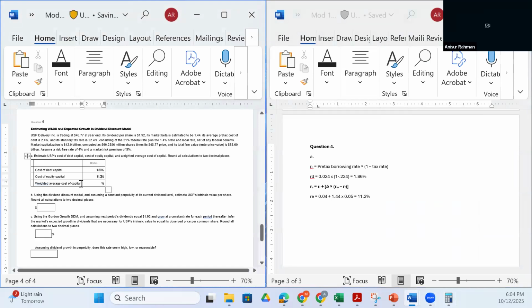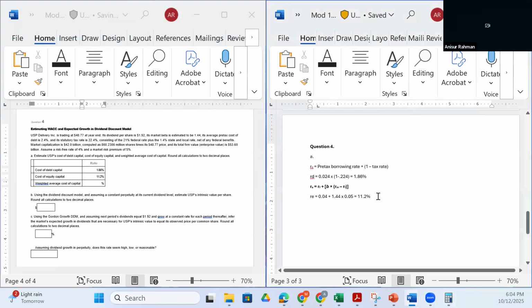Now weighted average cost of capital. So a company has investment from its stockholders, right? Which is equity. So we need cost of equity to discount those cash flows.